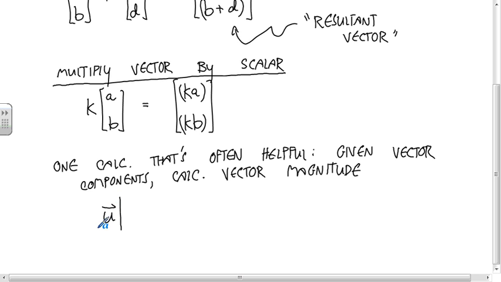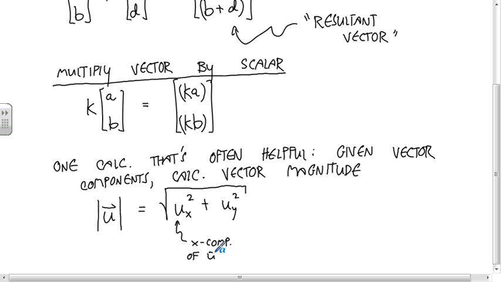The sign for taking the magnitude of it is absolute value. It looks like the absolute value of a vector. What you're really doing is calculating the length of that vector. And the way you do that is you square the x component, add that to the y component squared, and take the square root. So ux is the x component of u, and uy is the y component of u.